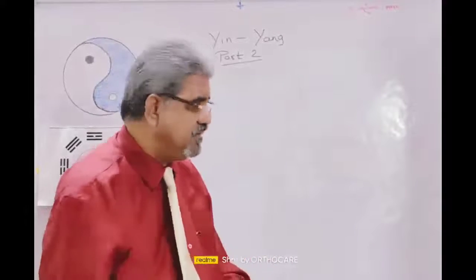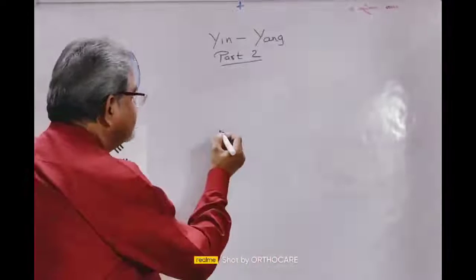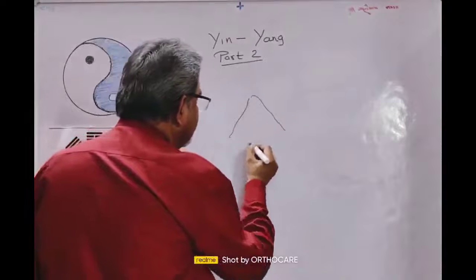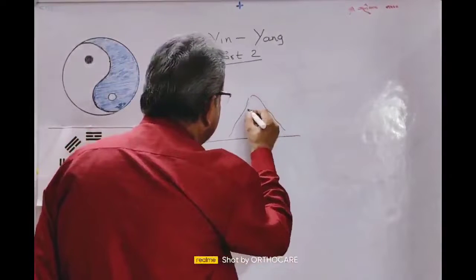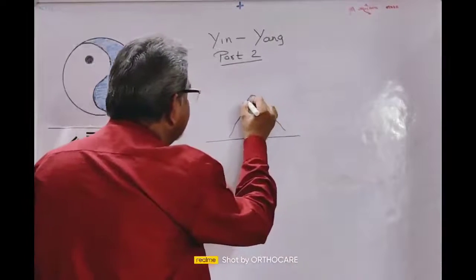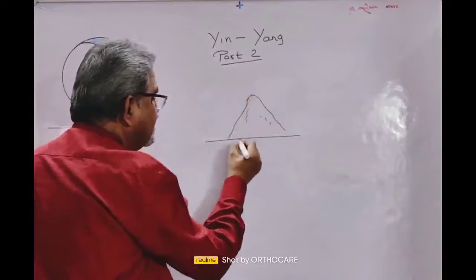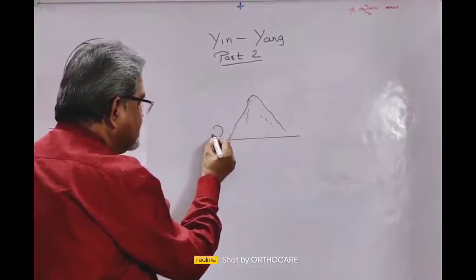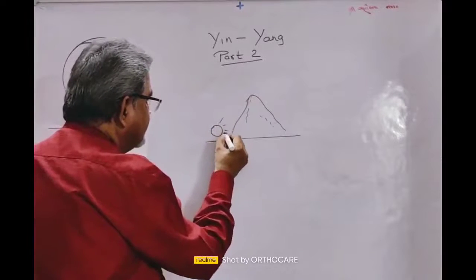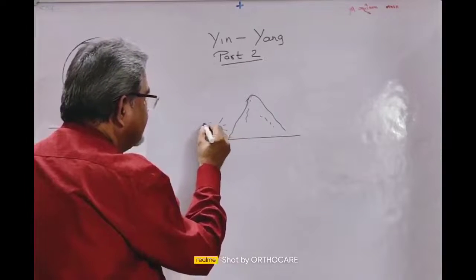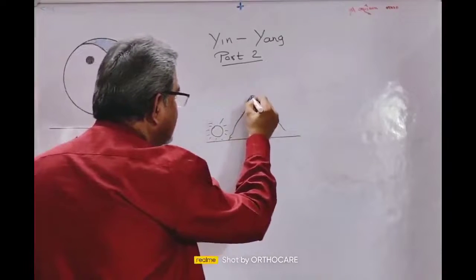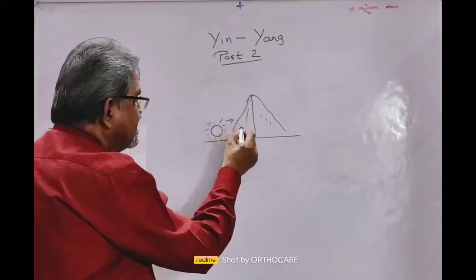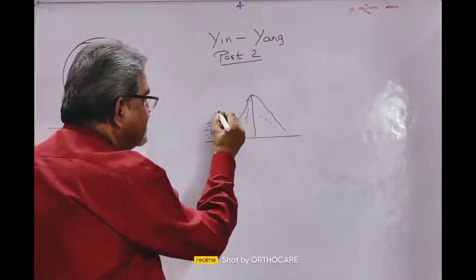So for example, we'll just take a mountain. This is the peak. The sun rises here, so this part is getting full brightness.